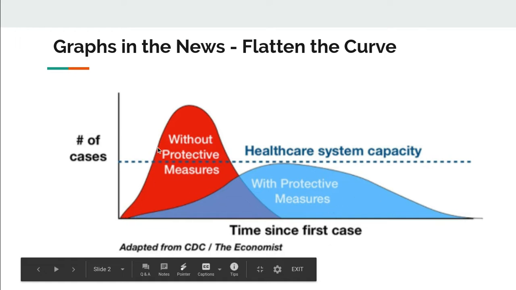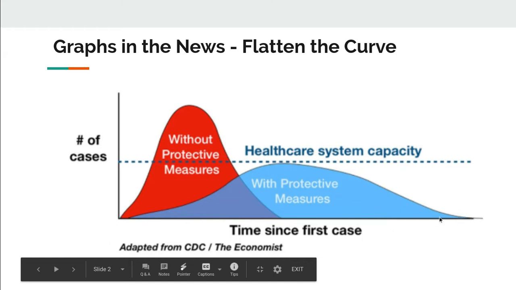You'll notice without protective measures, the peak would be over sooner, but there would be so many more people at the peak. Whereas when we have a longer period of time, since we were doing the shutdown and social distancing, the peak is much lower and it actually spaces it out over a longer period of time.